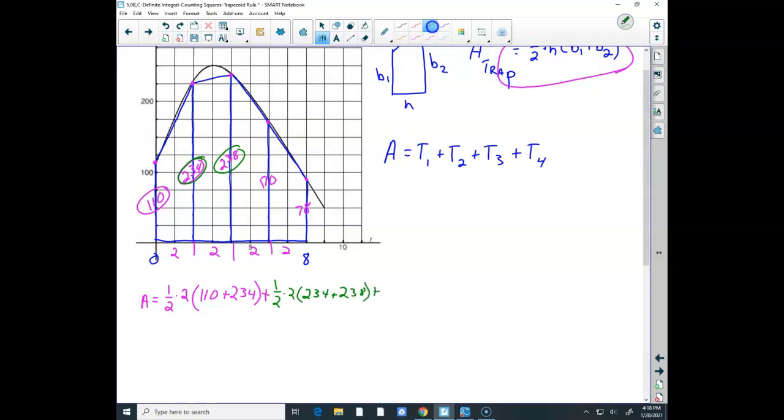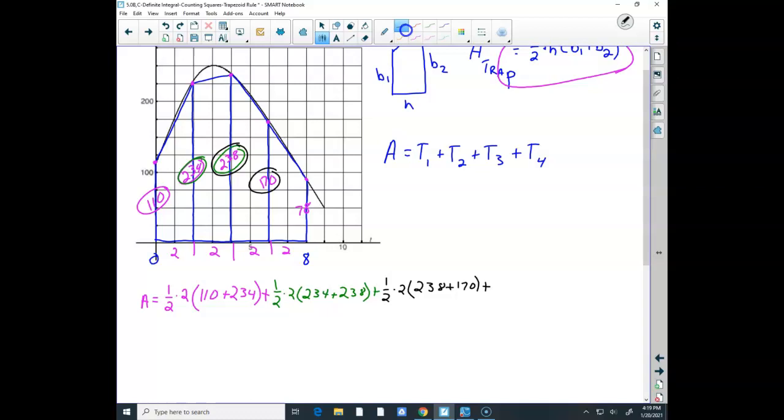Okay? Plus, and we're going to come to trapezoid number 3. And that's going to be 1/2 times the height times 238 plus 170. And all the trapezoid does is it averages those two bases out by dividing the bases by 2, and it's turning them into a rectangle, okay?